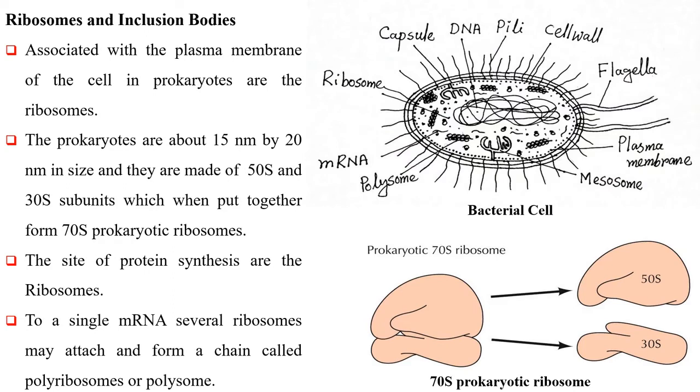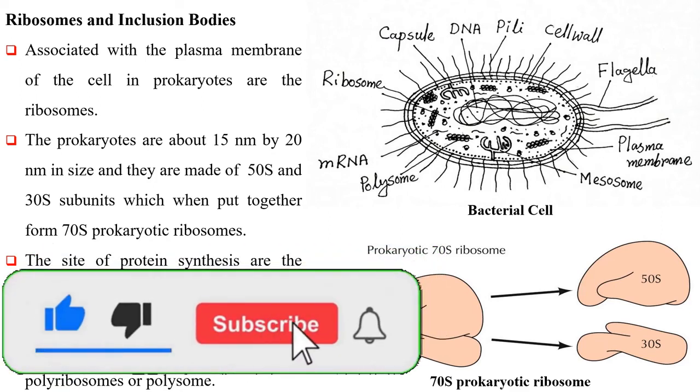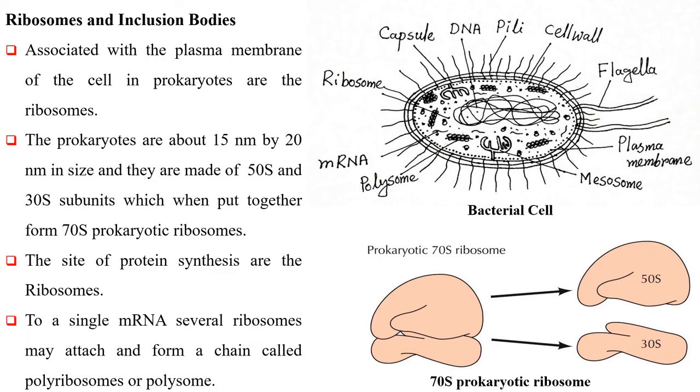Ribosomes and inclusion bodies. Associated with the plasma membrane of the cell in prokaryotes are the ribosomes. The prokaryotic ribosomes are about 15 nm by 20 nm in size and they are made of 50S and 30S subunits which put together form 70S prokaryotic ribosomes.